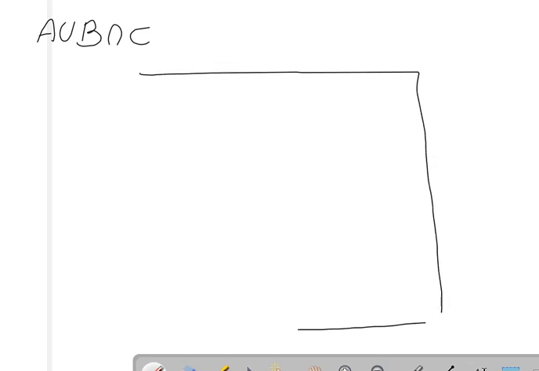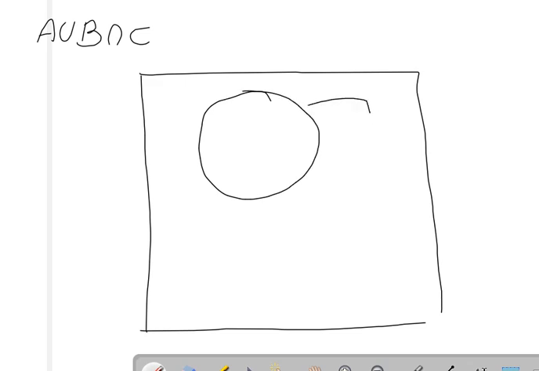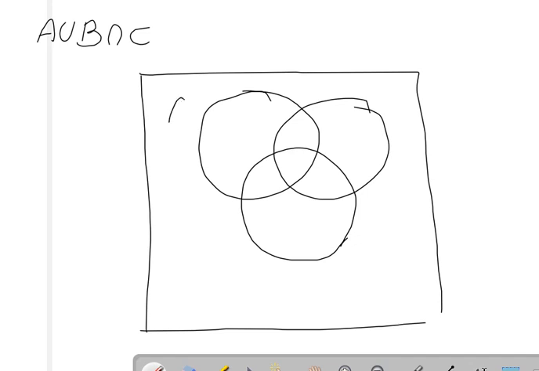Okay, the union of A and B is this area.